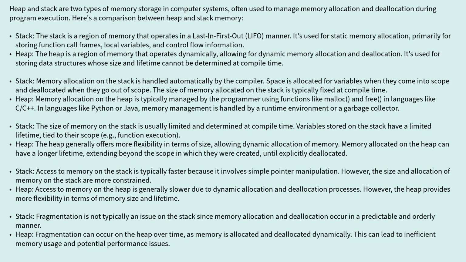Heap memory is more about dynamically allocating and deallocating memory. It's used for storing data structures whose size and lifetime cannot be determined at compile time. The memory stored on the stack holds static variables, so during compile time the compiler will decide how much memory should be allocated for these variables.